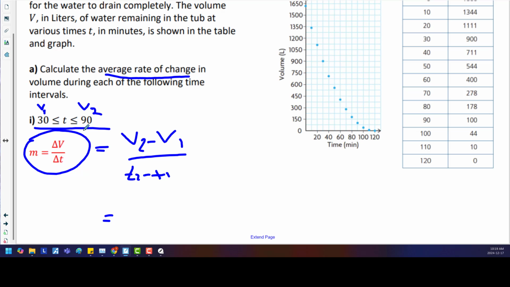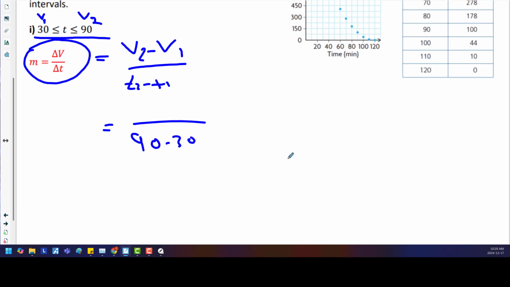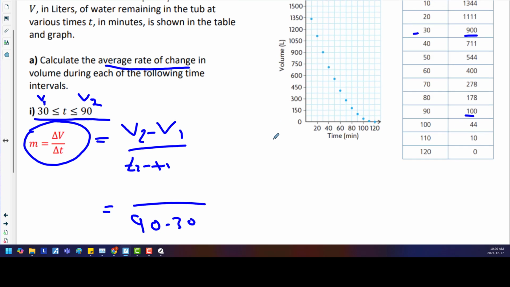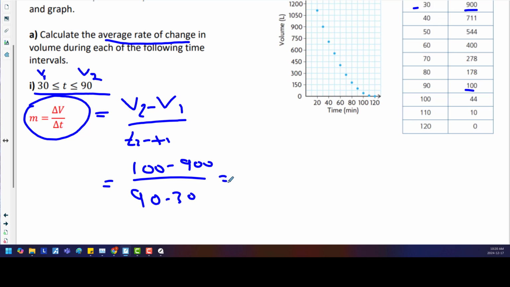My t value is going to be 90 minus 30. But my actual volume at those points is 900 for 30 and 100 for 90. So it's 100 minus 900 over 90 minus 30, which is negative 800 over 60.